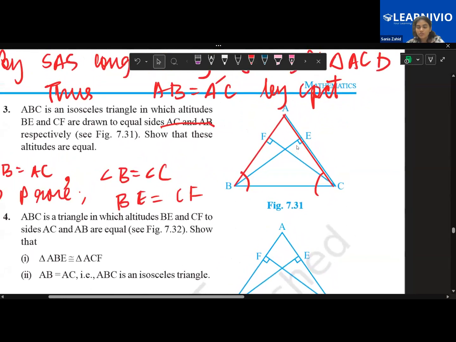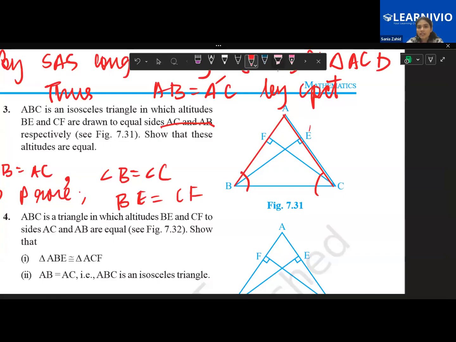So, what does it mean to be an altitude? Children, altitude basically means it is falling at 90-degree angles, right? It's equivalent to a perpendicular. The height of anything, you can call it a perpendicular or an altitude. So BE and CF, both of them are altitudes.